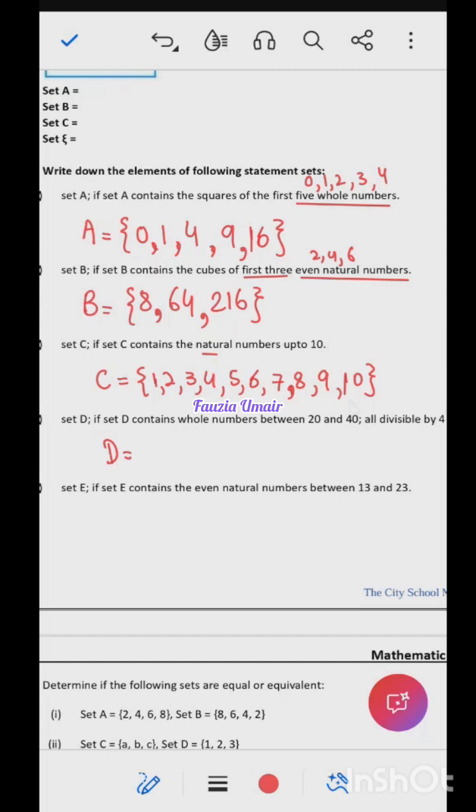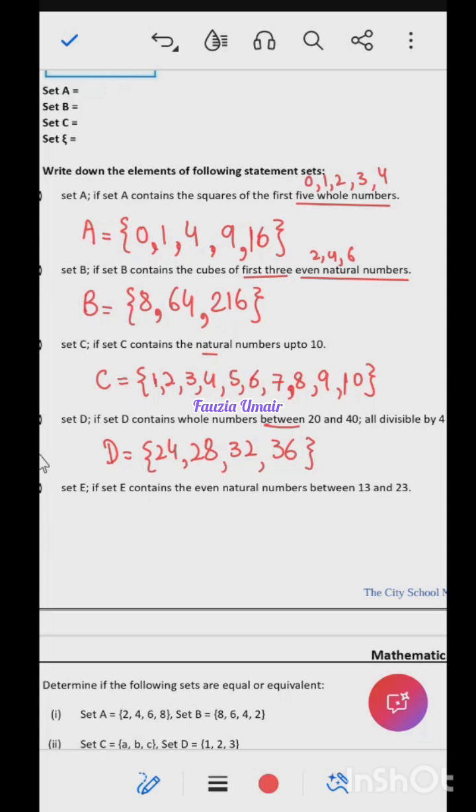Since it says between, 20 and 40 will not come. So the first element is 24, very good. Then 28, then 32, and 36. 40 cannot come either because it is written between 20 and 40.